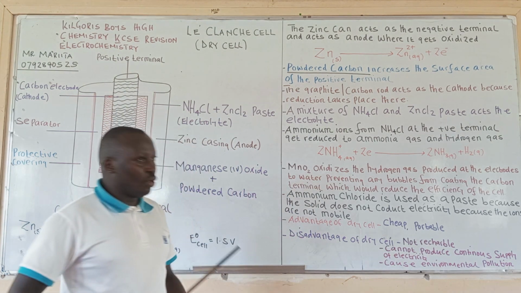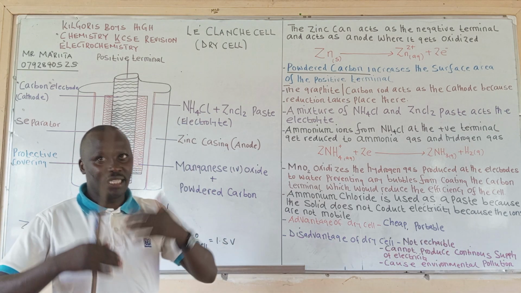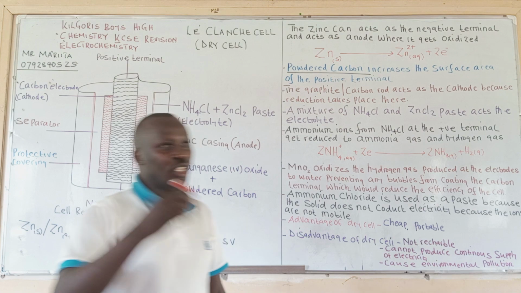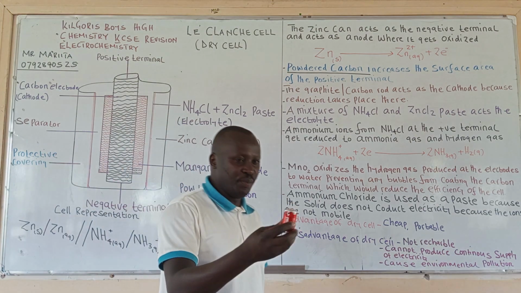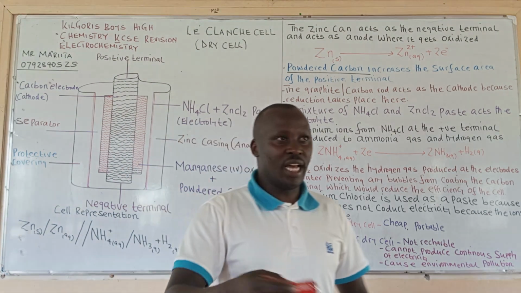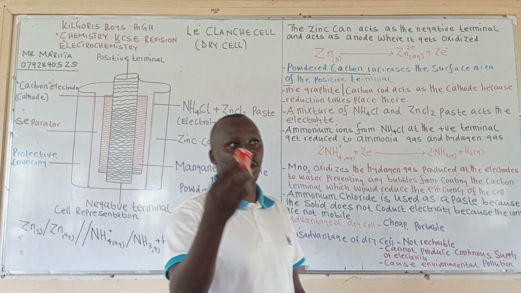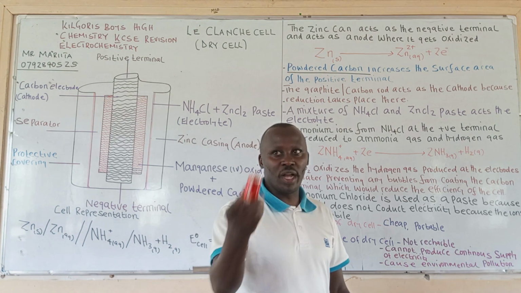So also we have the advantages and disadvantages of this cell. One of the advantages is that it is cheap and readily available. Number two, it is portable. You can carry it and move from one place to another.